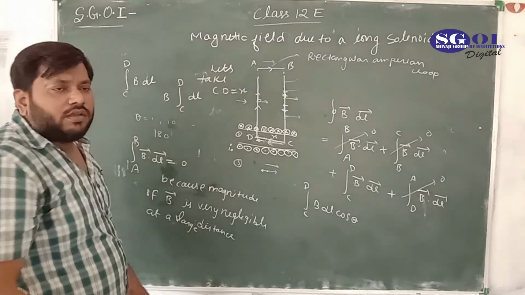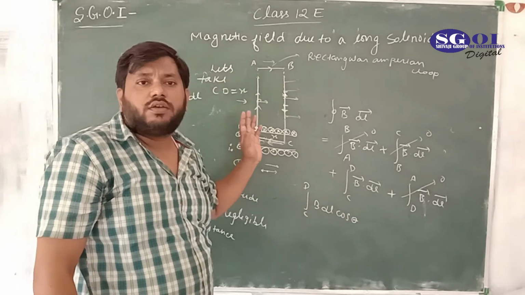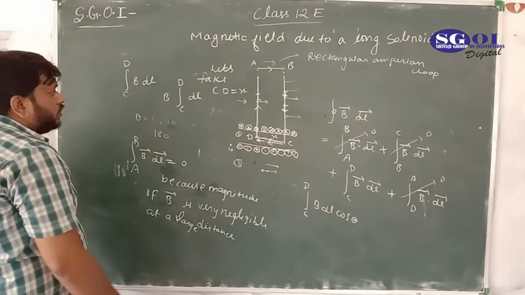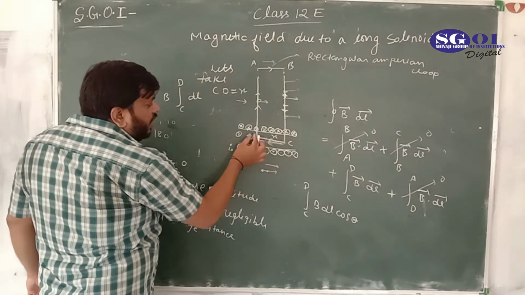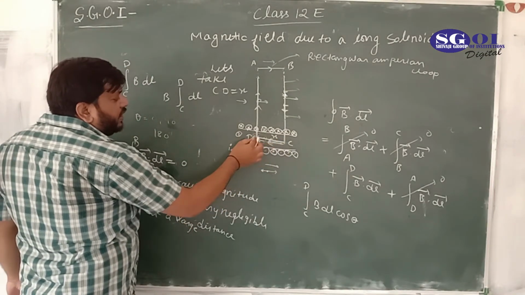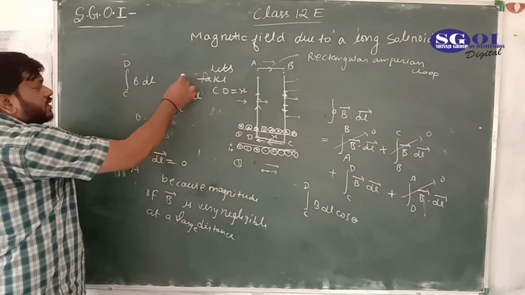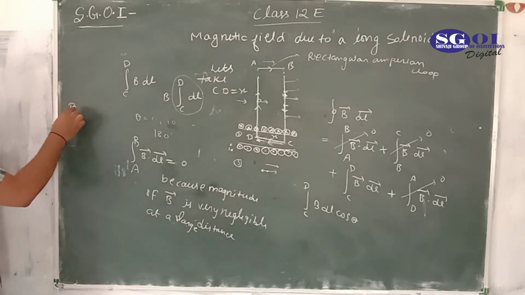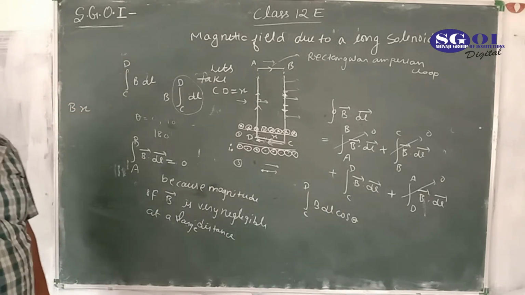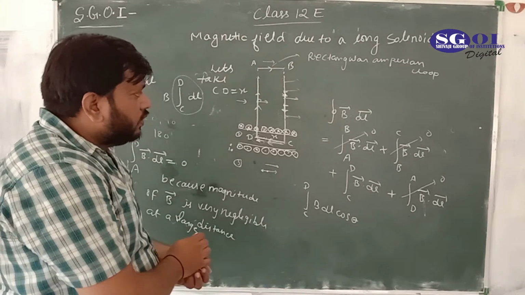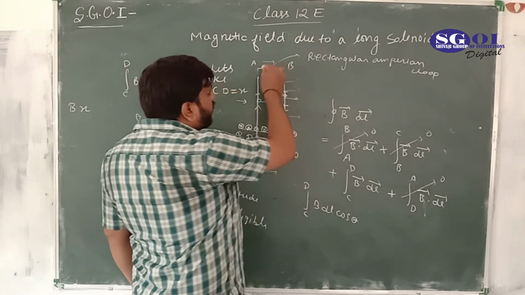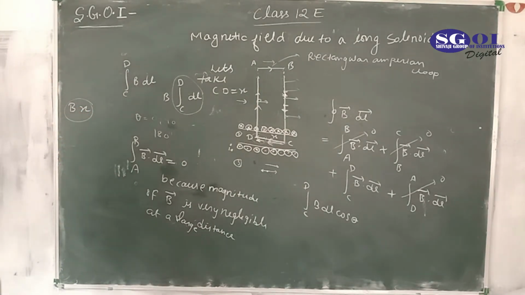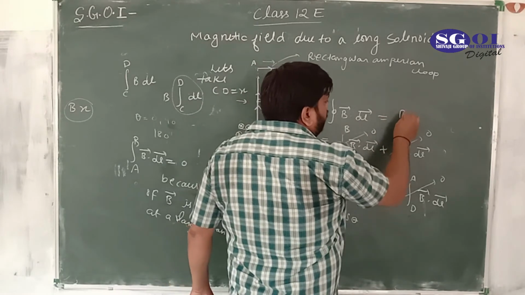It means the width of this rectangular Amperian loop is x. So all the dl are adding and it is finally the length of CD, which is x. So the result is Bx. So we have solved this integration B dot dl for this Amperian curve, and what we have got is Bx. So B dot dl is finally equal to Bx.